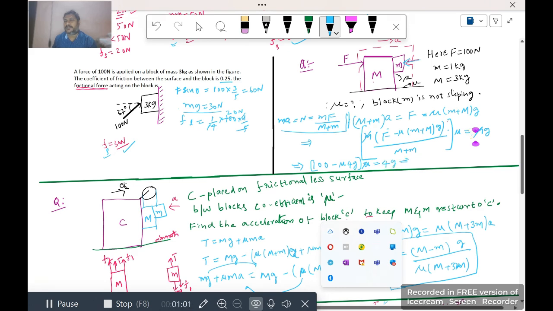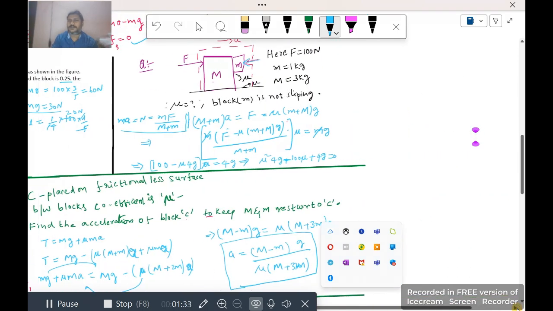So that implies mu square into 4g plus 100 into mu plus 4g. Mu square into 4g, I'm bringing this side, 4g. So 40, 40 there, so is equal to 0. So now solving, we'll get like this.